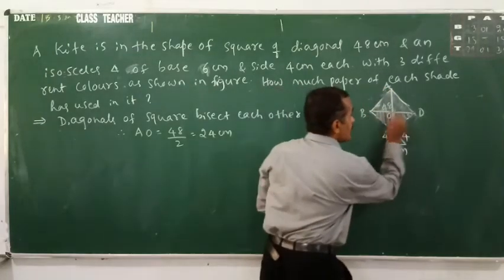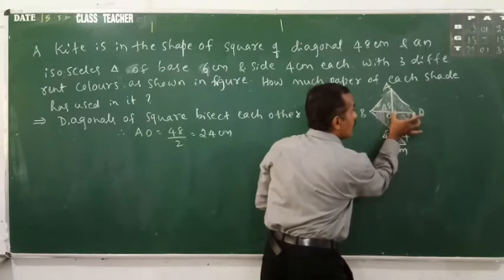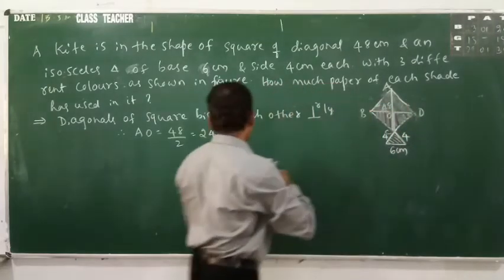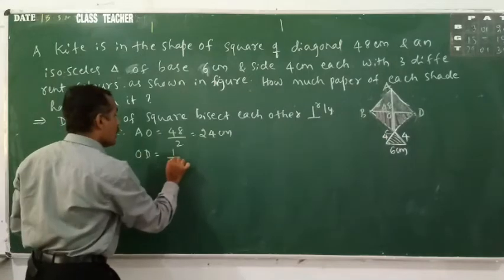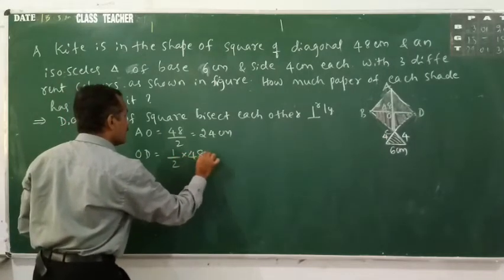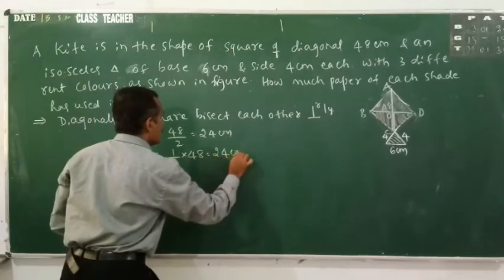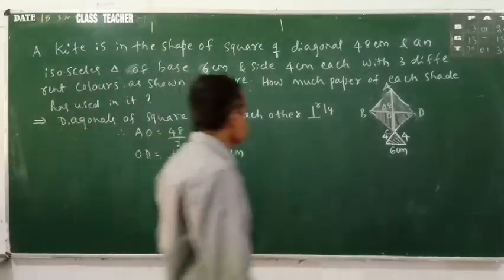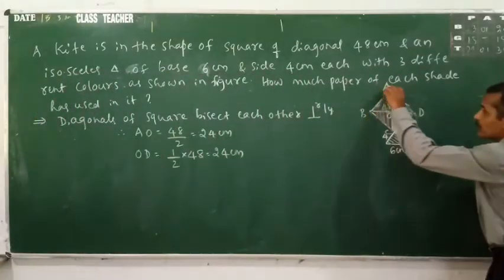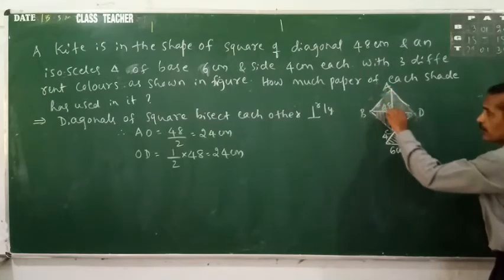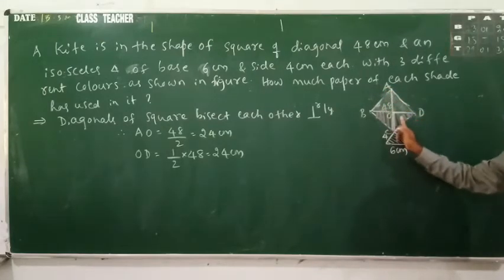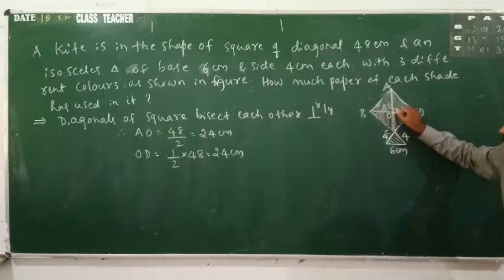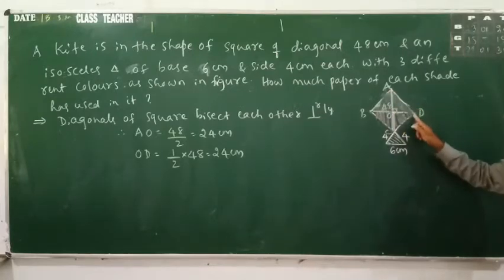And OD is half of 48, or 48 by 2. This is also 24 centimeter. Now you have the length of AO as 24 and OD as 24. With this, using the Pythagoras theorem, can you find the length of AD?